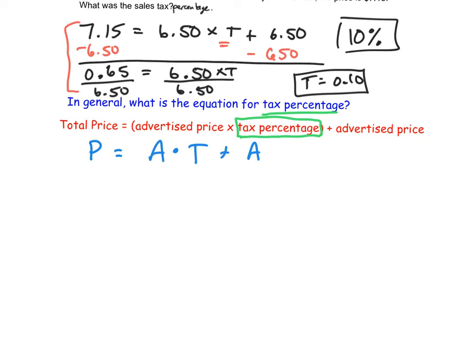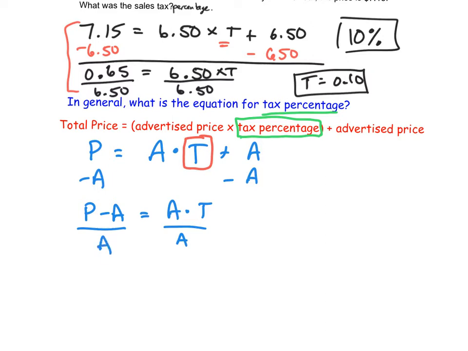So if we're trying to figure out the equation for T, we're just going to undo the order of operations just like we did in the previous lesson. I'm going to subtract A from both sides. We've got P minus A equals A times T. Then if I want to get T all by itself, I'm going to divide by A. And so I have P minus A, all of that divided by A, is T.